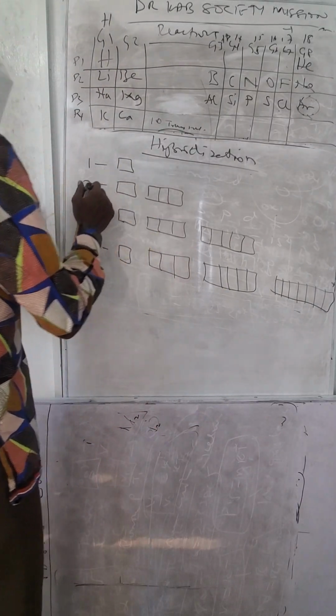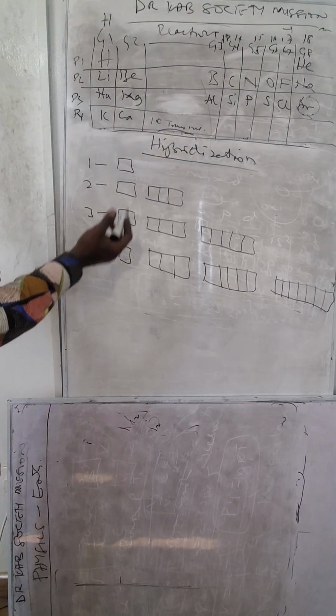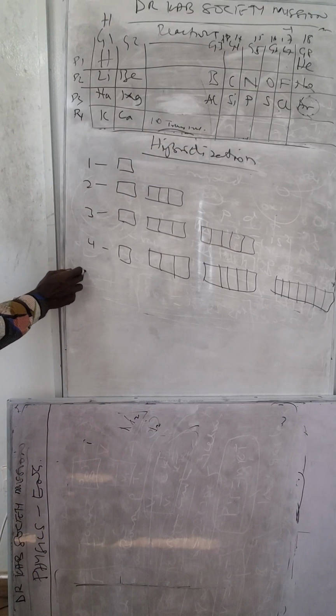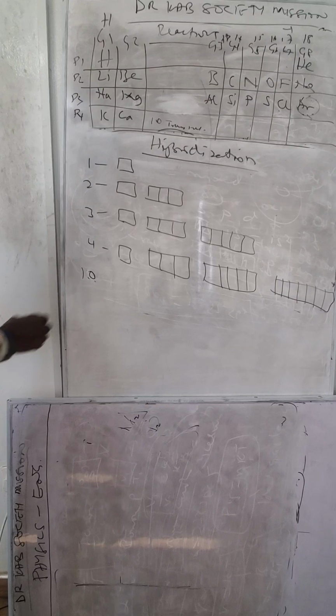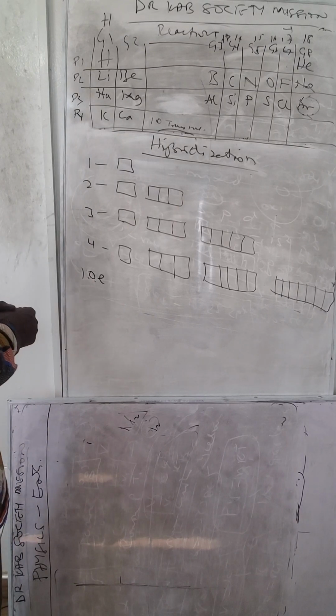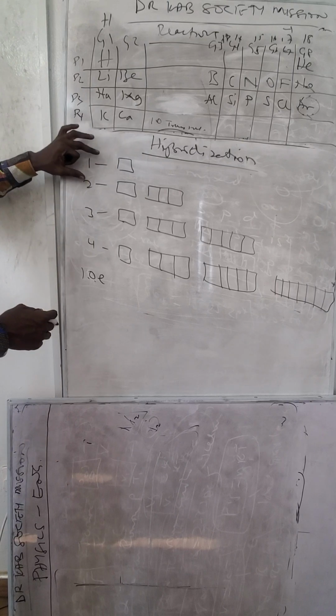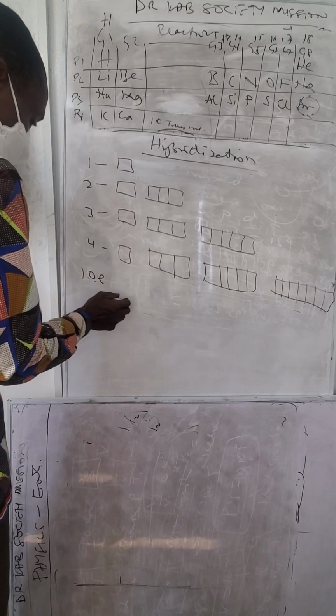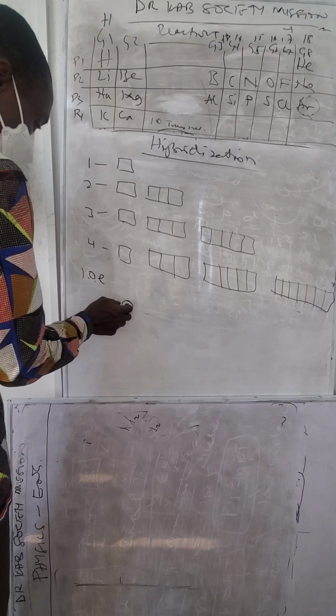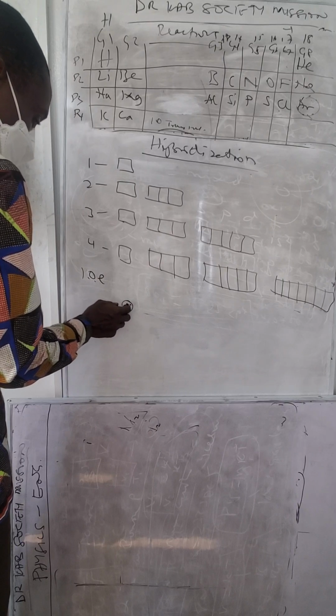Right, so here, let's say we are told an atom has 10 electrons. We should show the electronic configuration. If we were using the old method, what we do is this is the nucleus.